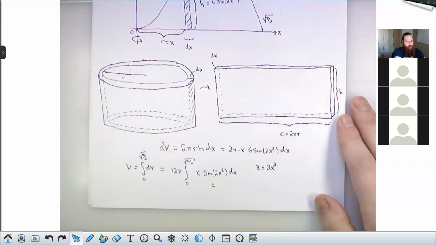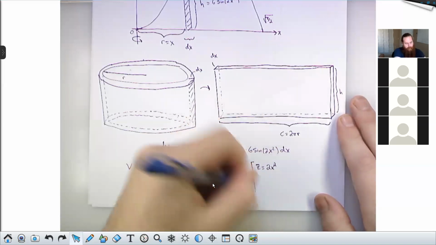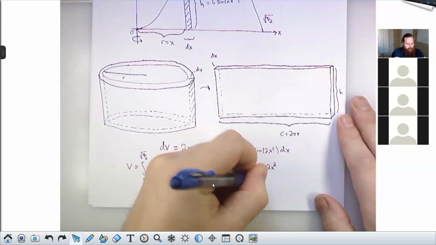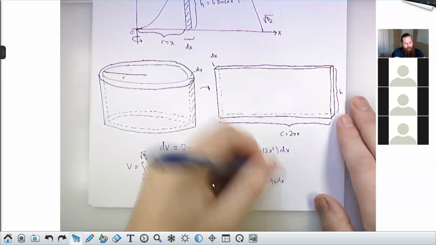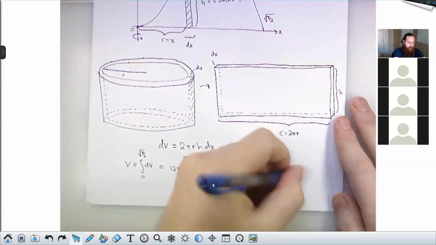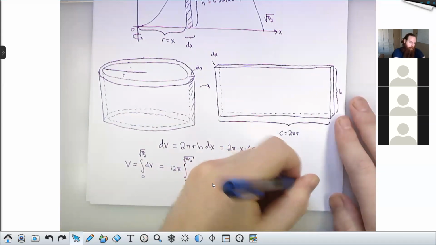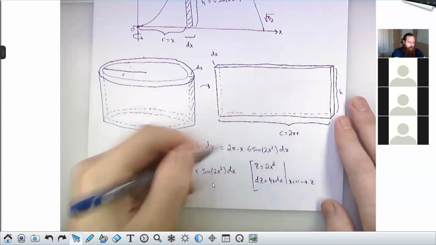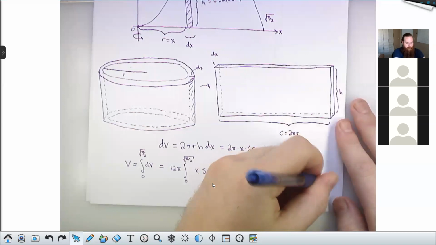So I'm going to sub z equals, and I would again encourage you guys to start using a different variable. Z equals 2x squared, so dz is 4x dx. And we need to change our bounds. When x is equal to 0, z is going to be 2 times 0 squared, which is 0 still.